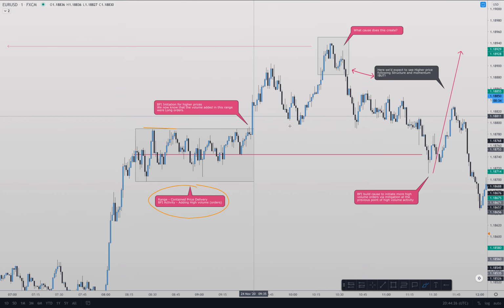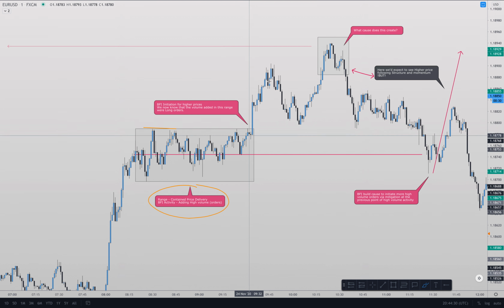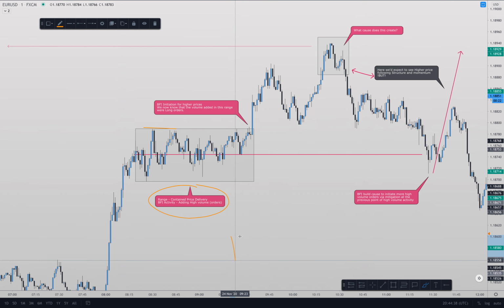So we got into the range, we got into the initiation, and now we understand, from a smart money concept perspective, that they will want to mitigate out of any losses that were obtained within this price delivery.